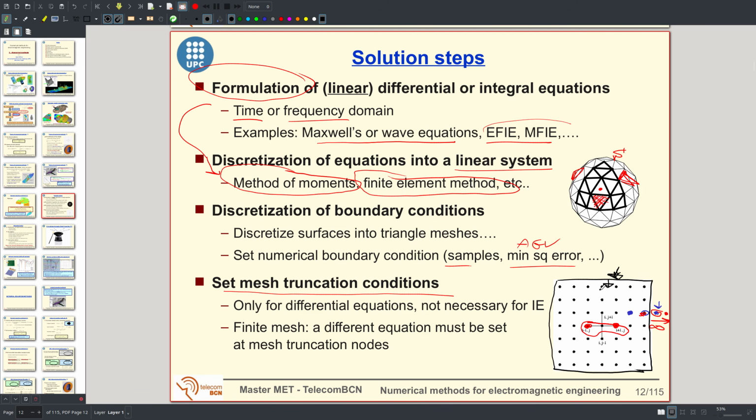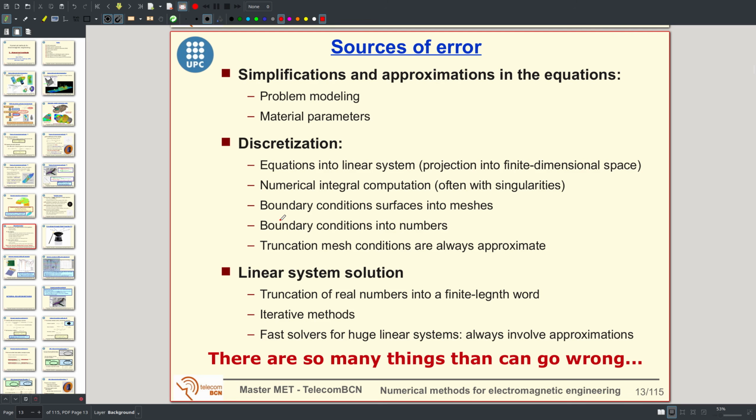More about this later again, but you must know that it is something else that you have to do apart from the discretization of your equations and the discretization of the boundary conditions and the surfaces or the volumes. In the case of finite difference methods, you also have to set these mesh truncation conditions. And this is important because they introduce error.